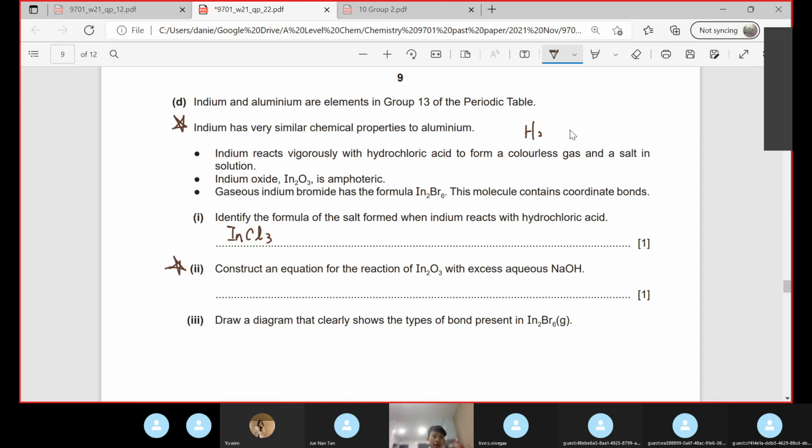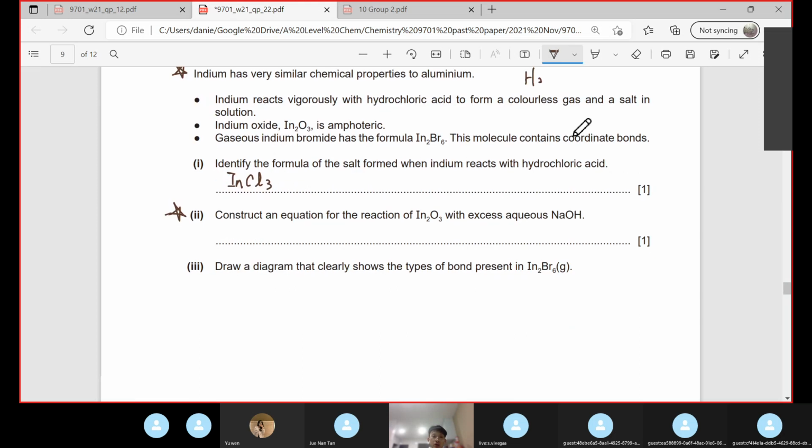Amphoteric: if the oxide behaves as a base, I believe you have no problem balancing the equation. But right now, indium oxide or aluminium oxide, you are going to show it behaving as an acid.